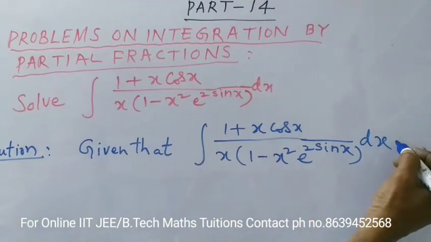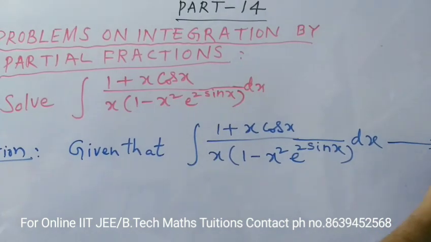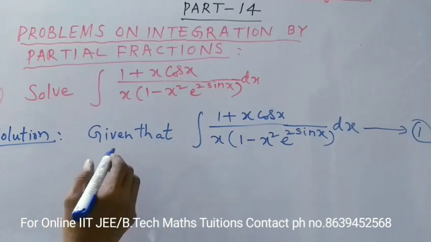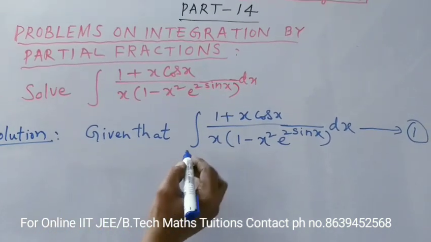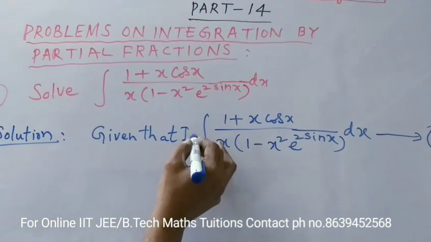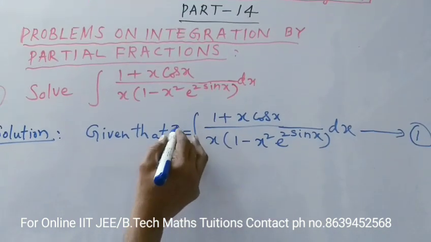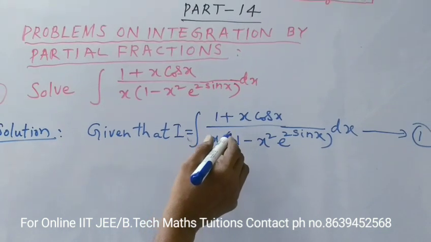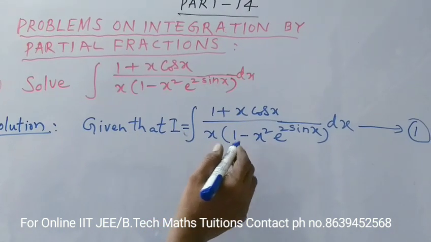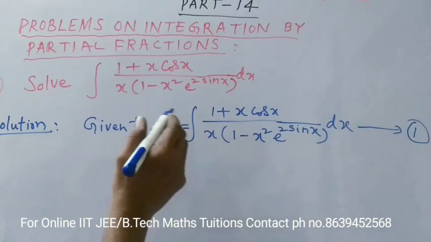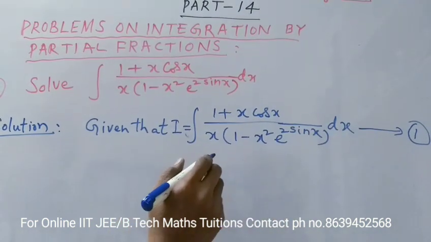It indicates the first equation. We are given that I is equal to integral of (1 plus x cos x) by x(1 minus x square) e to the power of 2 sin x dx. This indicates the first one.